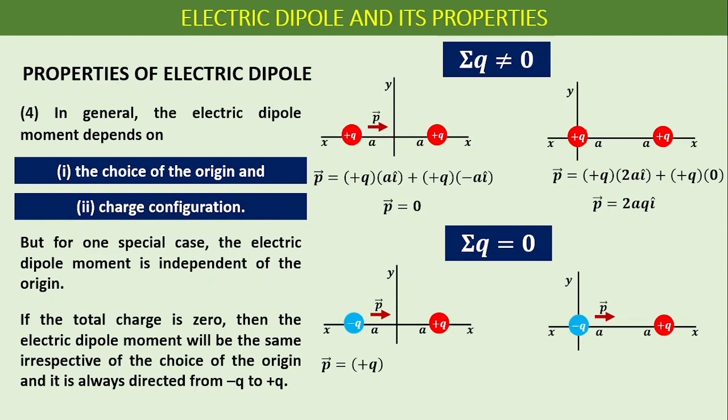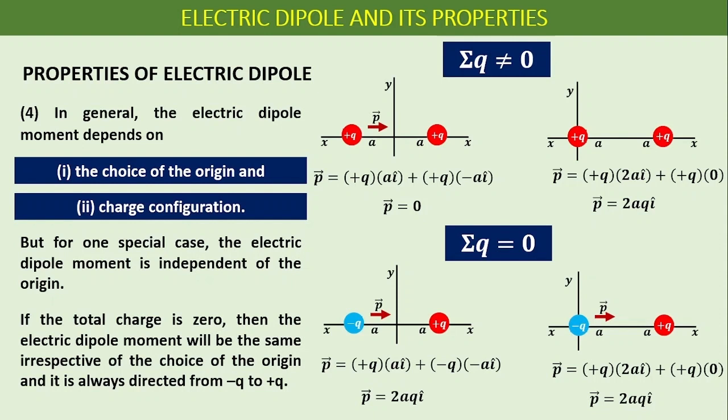For the first case, p vector equals plus q a i cap plus minus q multiplied by minus a i cap. So in total we get p vector equals 2aq i cap. Second system, p vector equals plus q multiplied by 2a i cap plus q into 0. So p vector equals 2aq i cap. In these two cases, the dipole moment is the same and the direction is from minus q to plus q.